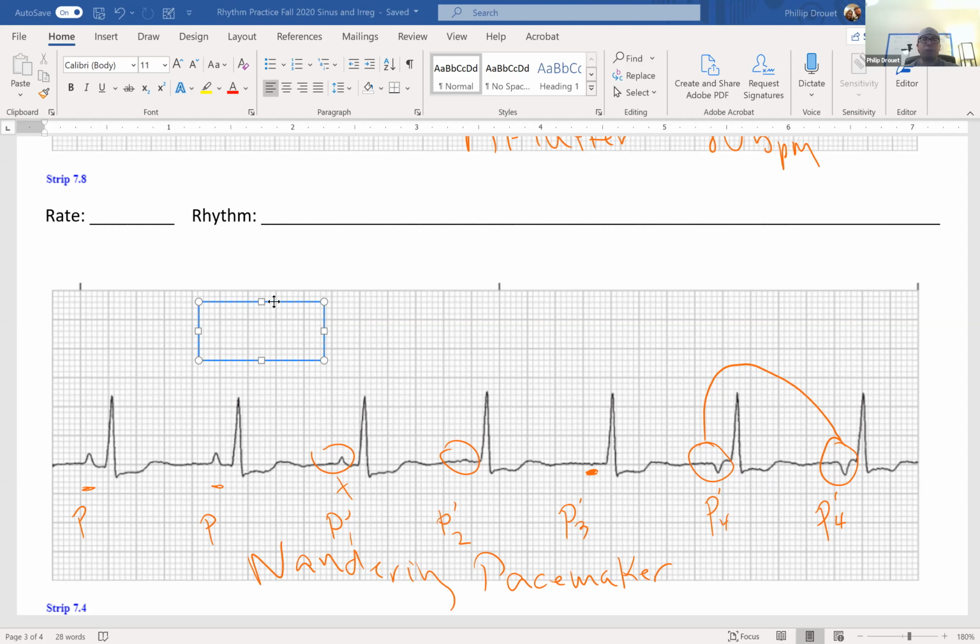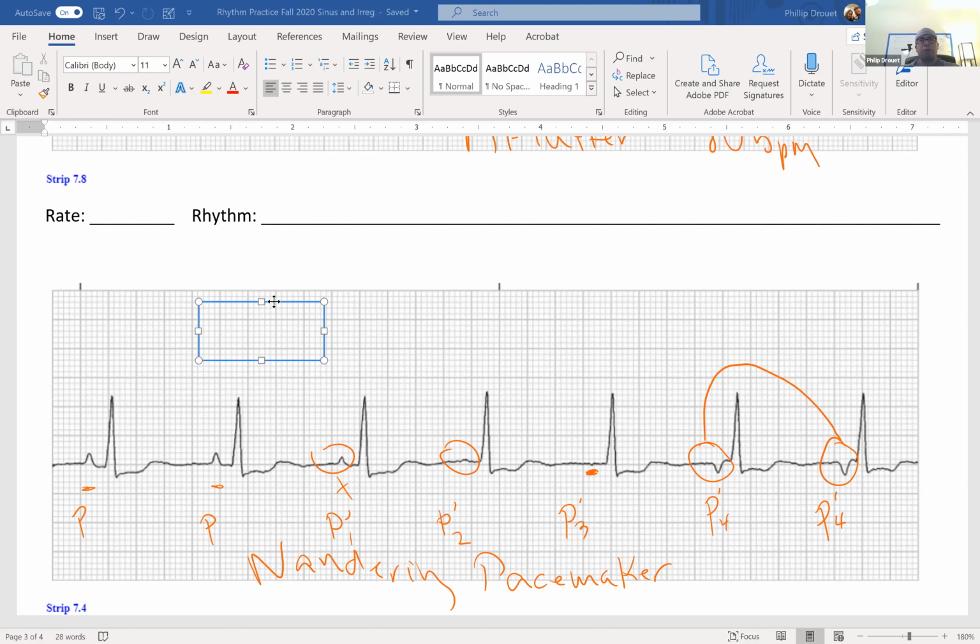Because we can classify rhythms as regular rhythms or irregular rhythms, right? When I'm looking here, this is a regular rhythm from step 1. But once I get to step 2, it's easy to see I have P primes, which supersedes or overrides this idea of regularity from step 1. So if I can identify different P waves, that tells me I have different cells firing, which ultimately means I don't have a regular rhythm, or I don't have a consistent pacemaker.